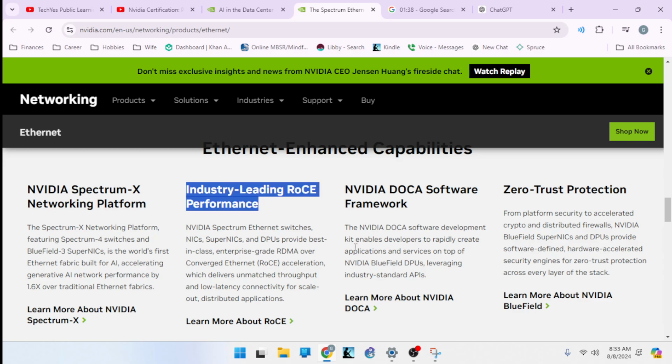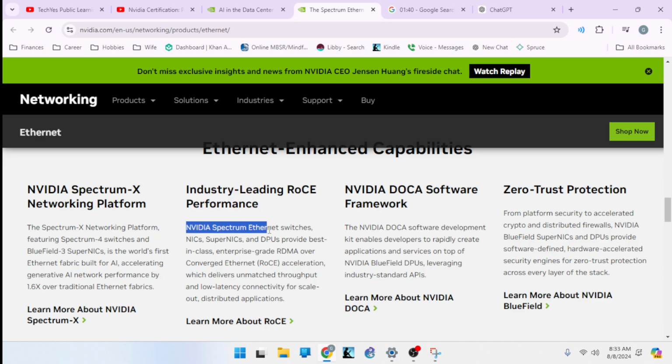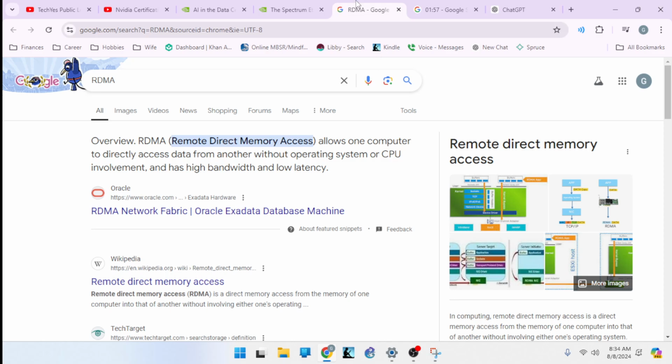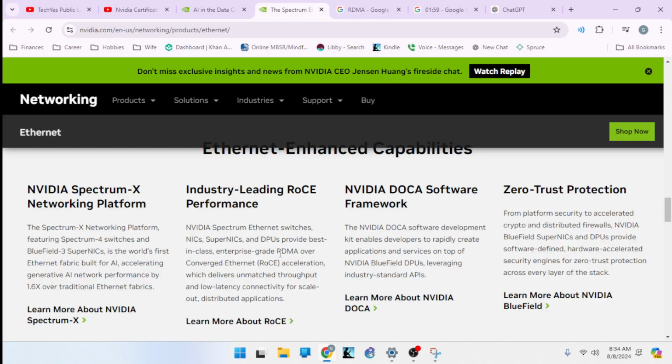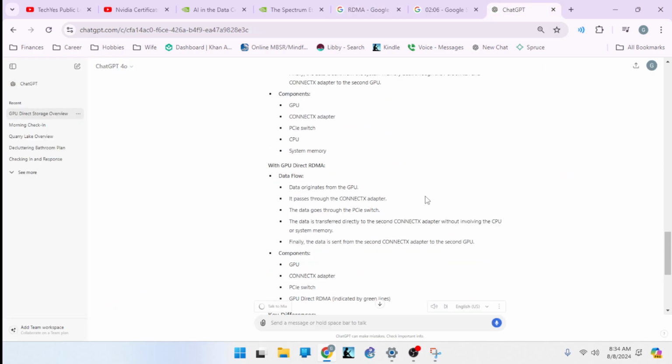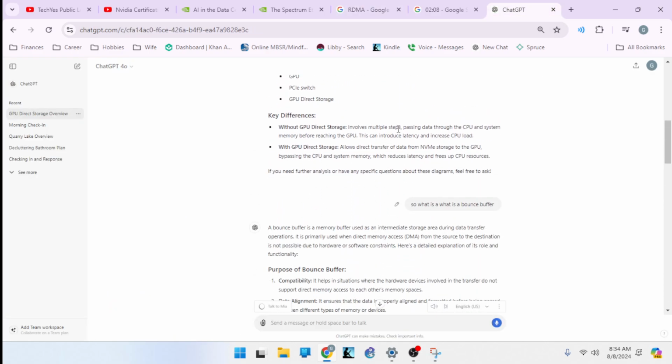Industry-leading RoCE performance. NVIDIA Spectrum Ethernet switches, NICs, SuperNICs, and DPUs provide best-in-class enterprise-grade RDMA, which is remote direct memory access. So that D is important because with it being direct, you don't have to have a bounce buffer.